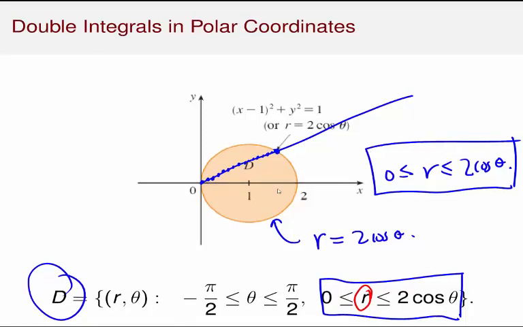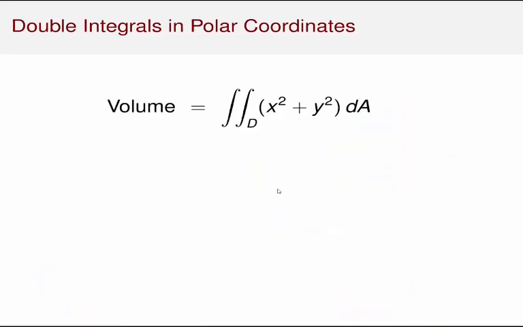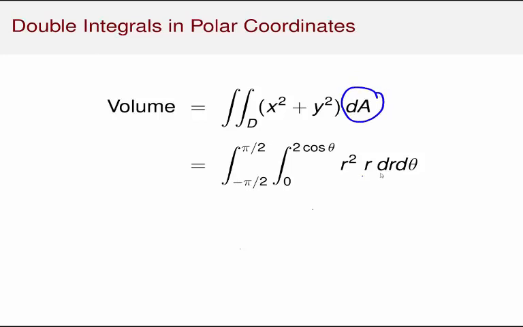Alright, so let us now compute the volume of the solid. Well, this is the double integral of x squared plus y squared over the region D. And by converting this double integral to polar coordinates, we have the following iterated integrals in terms of r and theta. So here we have replaced dA by r dr d theta. And the variable theta is placed outside because this is the variable which is bounded by constants.